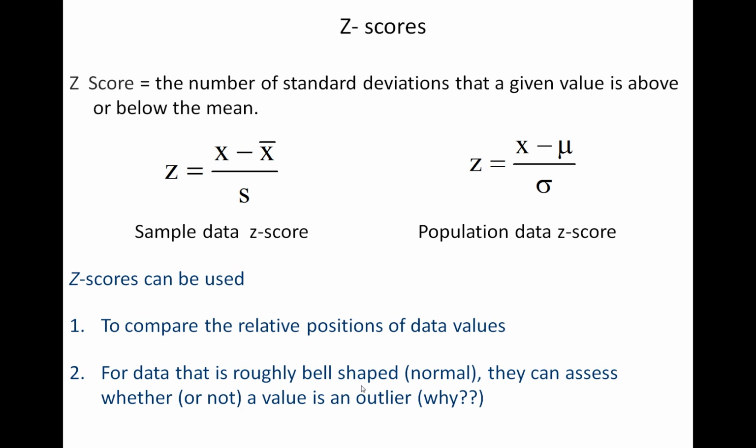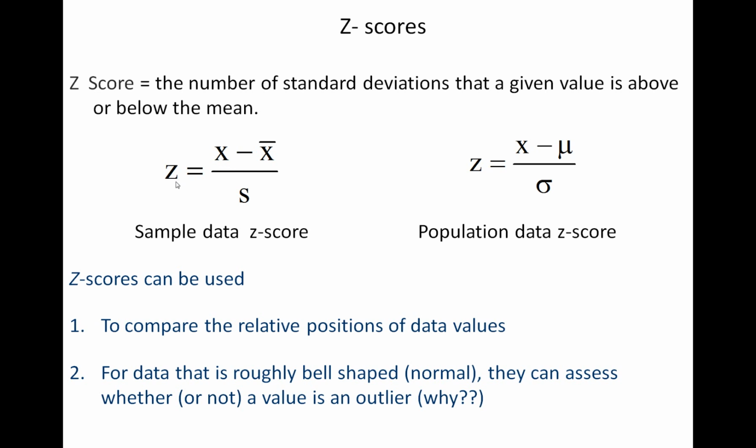Now, z-scores. A z-score is the number of standard deviations a particular value is away from the mean. In this expression for a z-score, x bar is the sample mean, s is the sample standard deviation, and x is a particular data value that's of interest.